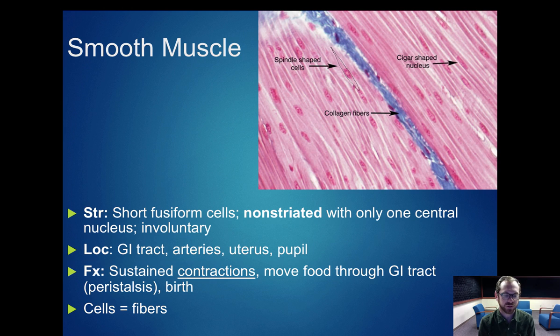The function is sustained contractions. And this is involuntary, so we don't have to think about it. This is all about moving food through the GI tract, which we call peristalsis. Contractions at birth, and when your pupil either contracts or expands, this is all smooth muscle.